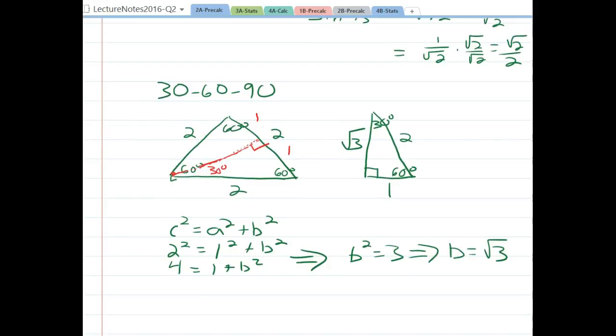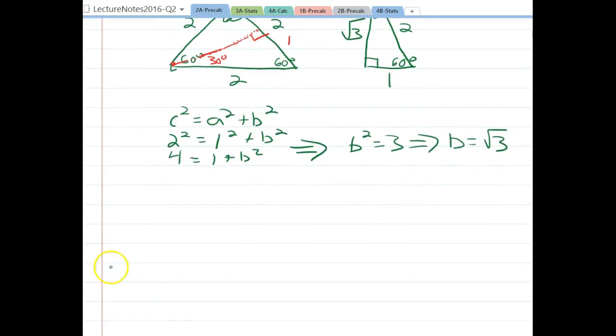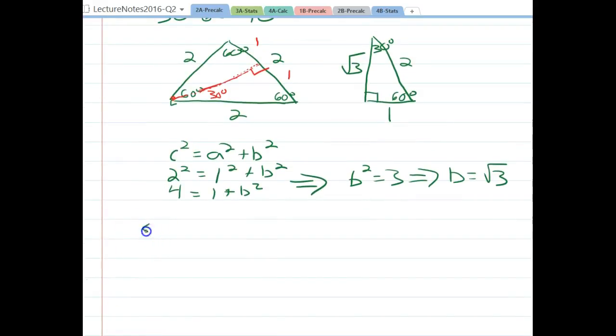What I can do now is just like I did before. I'm going to write 6 trig functions, and I'm going to write them for 60 degrees. So the sine of 60 degrees is going to be the ratio of the opposite side over the hypotenuse. Across from 60 is square root of 3, and the hypotenuse is 2.